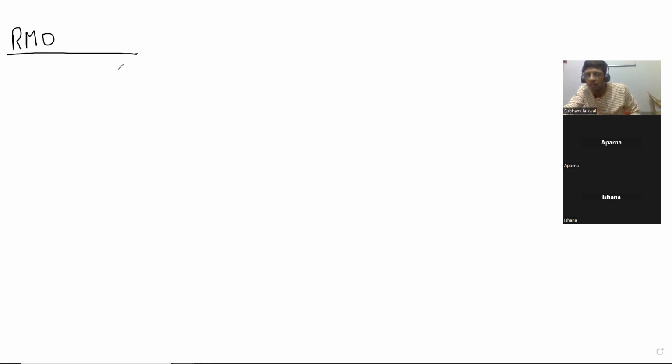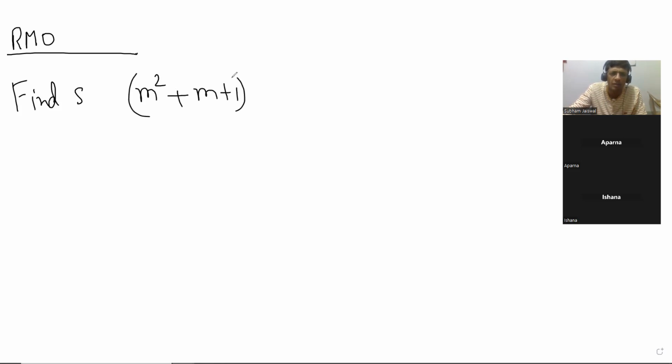Yes, sir. Find the smallest integral value of m such that m square plus m plus 1 whole square, till m plus 10 whole square, is equal to n square. No, sir, they're separate. m square plus (m plus 1) whole square, and so on, till (m plus 10) whole square, is equal to n square.